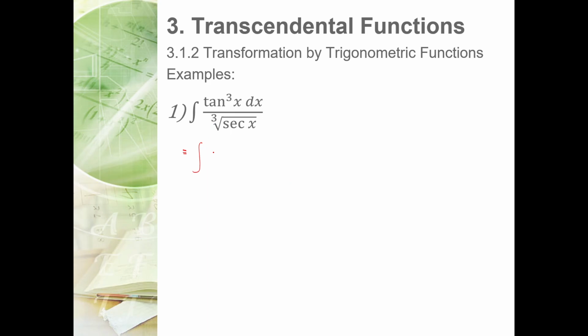So that we won't have difficulty factoring out, since we will also be factoring out secant, let's create terms in exponential form. Tangent cubed x, and the cube root we can express as secant x raised to the power of negative 1/3. That way we can easily factor out the terms that we need in our first step.